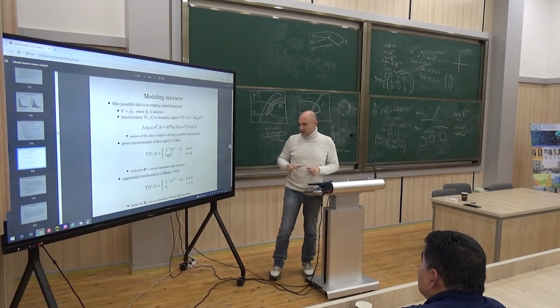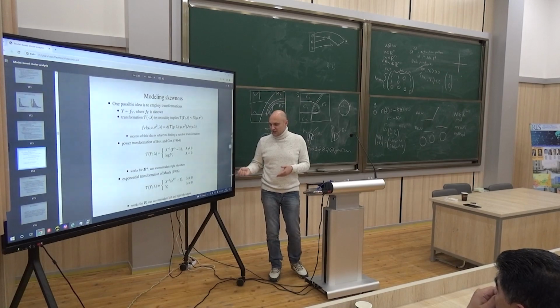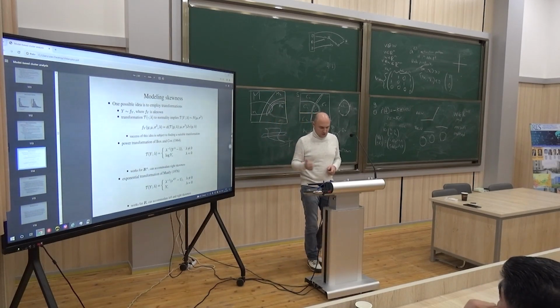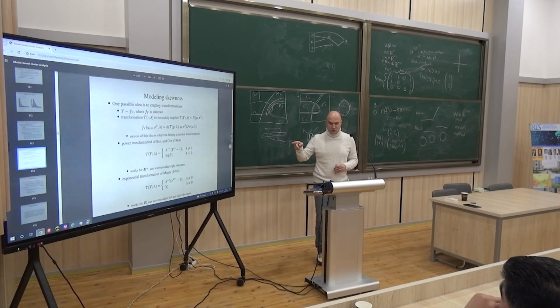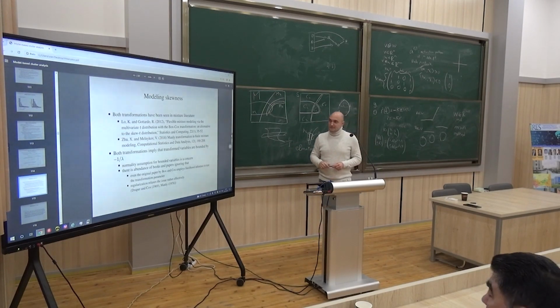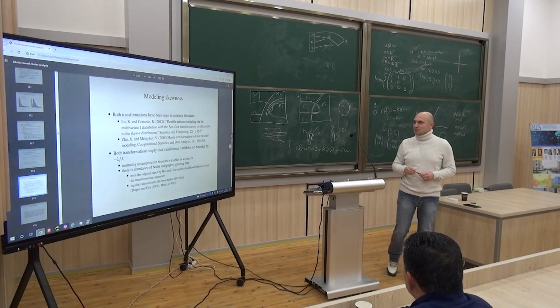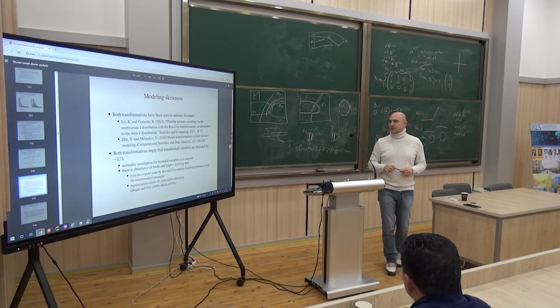The advantage of this is that it works for R and can accommodate both left and right skew. In practice, it also shows considerably better results than Box-Cox. Both transformations have been seen in mixture-related literature.